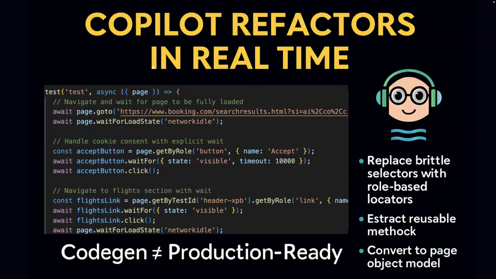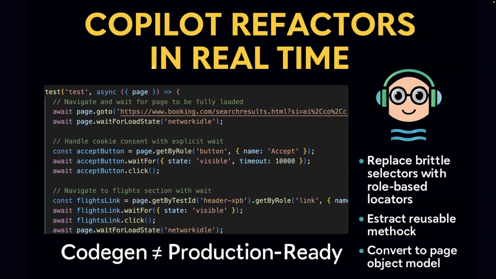That is where the AI GitHub Copilot comes in. It will refactor your script in real time, which means it will look at the code which is generated, restructure your flow, and replace your brittle selectors with role-based selectors. It will extract all the reusable methods and convert it into a page object model.